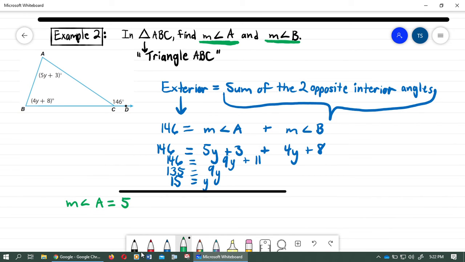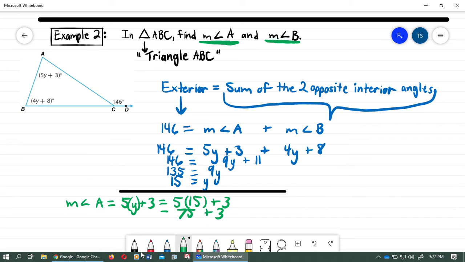So again, the measure of angle A is 5y plus 3. And again, folks, if we want to find out what that measure of angle A is, we need to plug in the value of y that we just got. So we plug in 15 for y, and we get 5 times 15 is 75, and 75 plus 3 is 78.